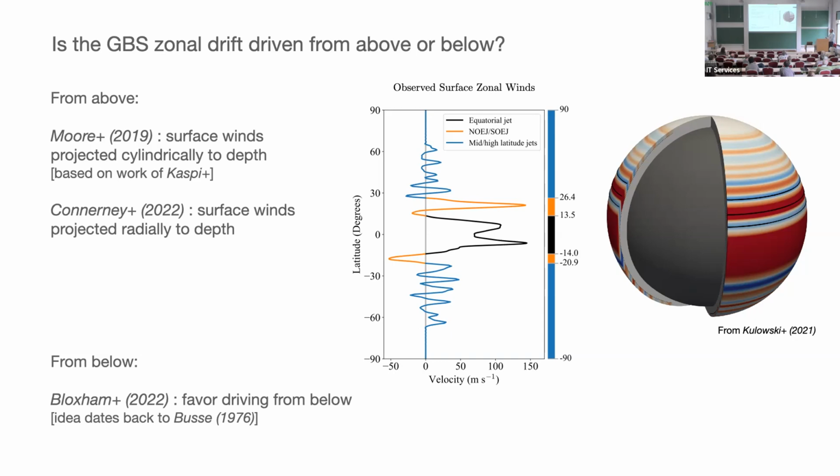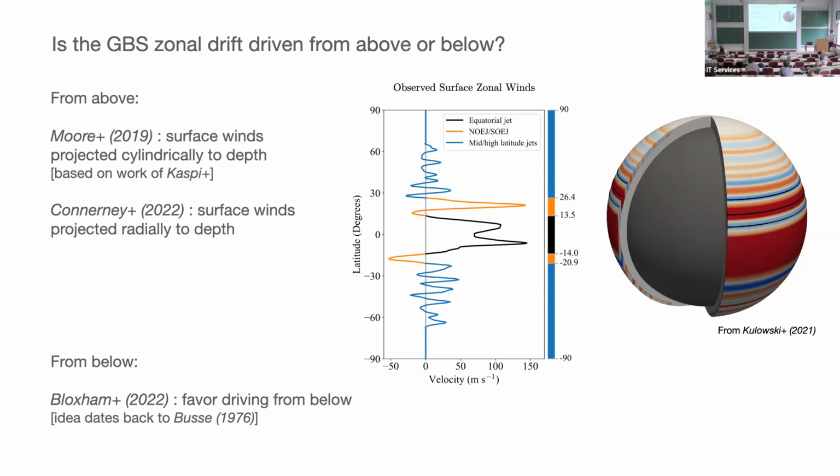Found a reasonable agreement by projecting the surface winds cylindrically downwards, and that was able to not only explain recent changes in Jupiter's field, but much longer period changes in Jupiter's magnetic field, going back to Pioneer and Voyager.